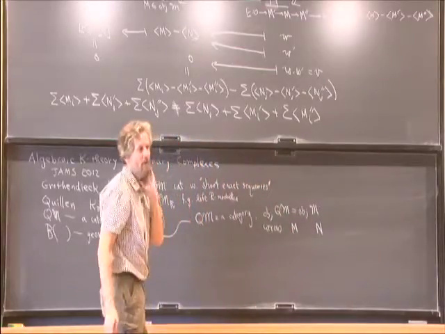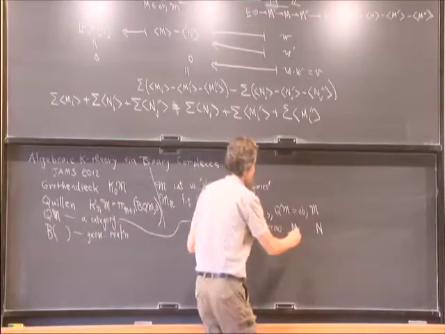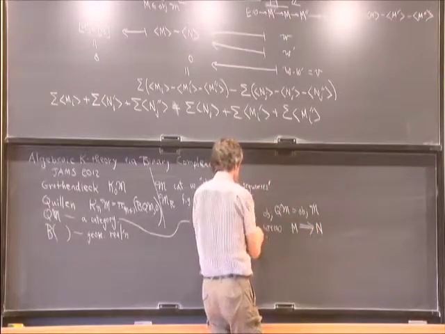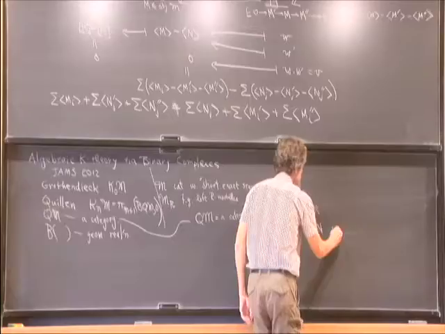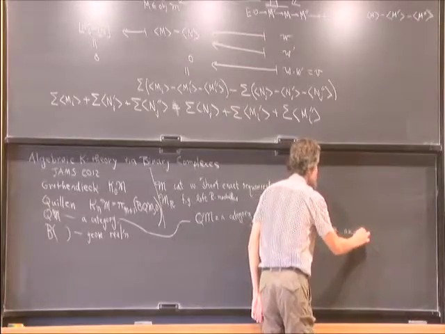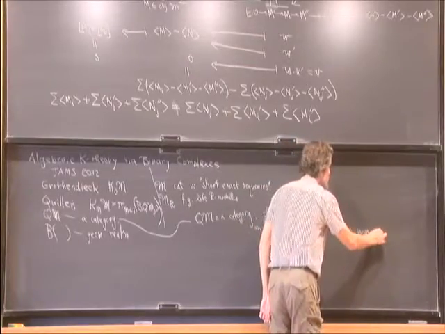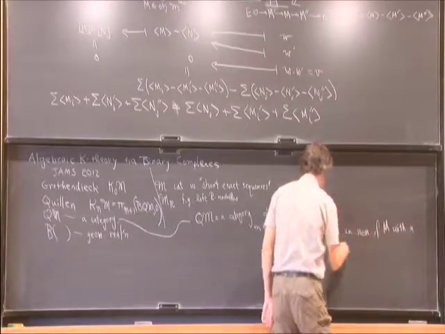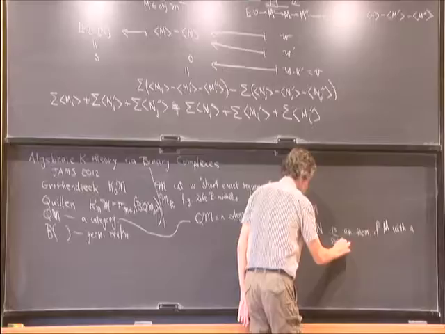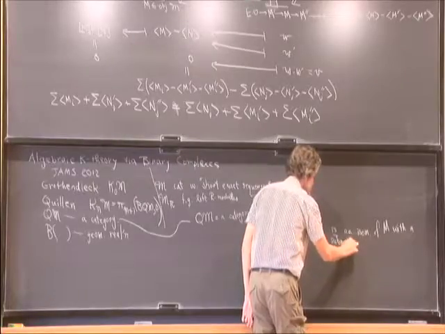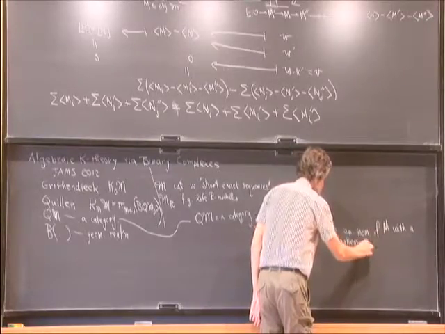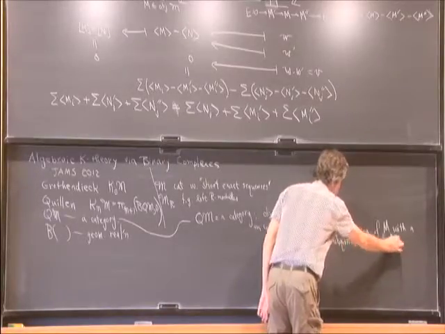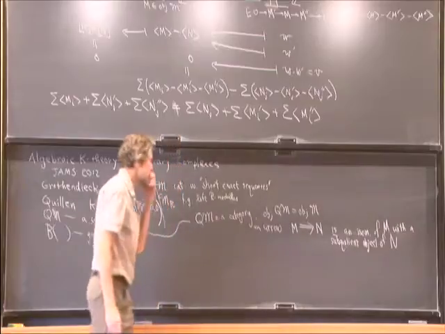The arrows are different, so we should draw them differently, so I'll use a double arrow. An arrow from M to N is, by definition, an isomorphism of M with a subquotient object of N. So what does that mean?